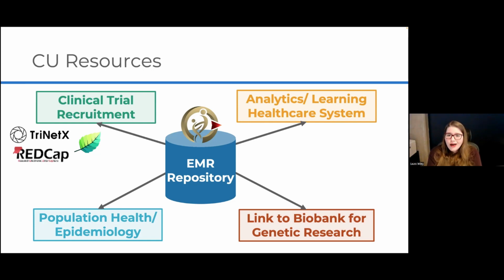Obviously, REDCap is a wonderful tool. I use it all the time for doing that chart review validation step, but it's also a great tool for clinical trial recruitment. Compass can actually send you trial recruitment possibilities, like here are all the people that meet your condition, and actually return them into a REDCap database for you to approach.